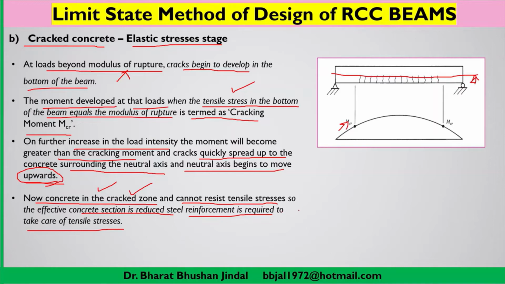So my question here is very simple: why are we using only steel reinforcement to take care of the tensile stresses? Why can't we use some other material as reinforcement? Why is only steel chosen?